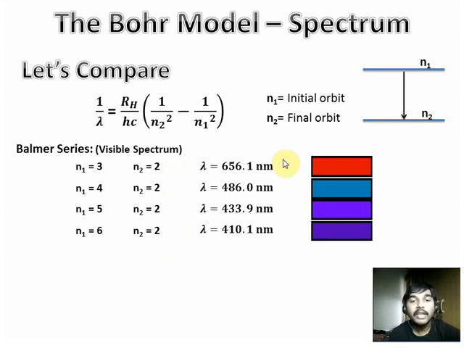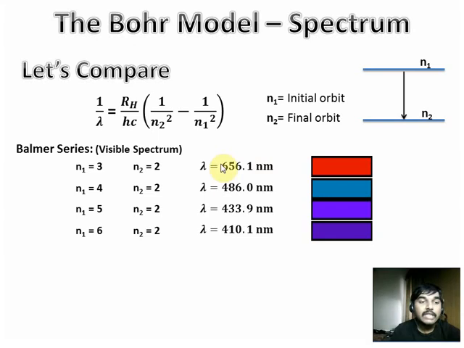These are the 4 lines which are part of the visible spectrum. There are no other lines which form the visible spectrum. The hydrogen spectrum has been extremely well studied, and it can have many different lines, but except for these 4, everything else is in the ultraviolet and not visible.